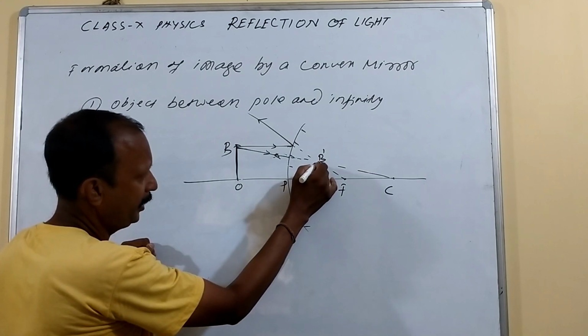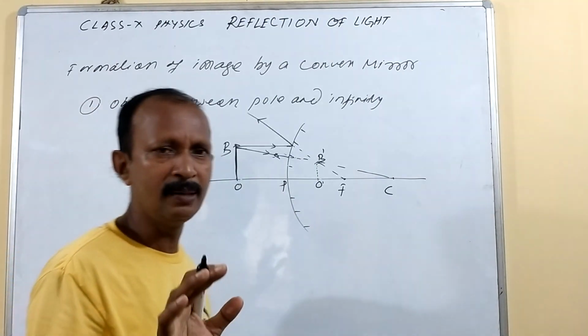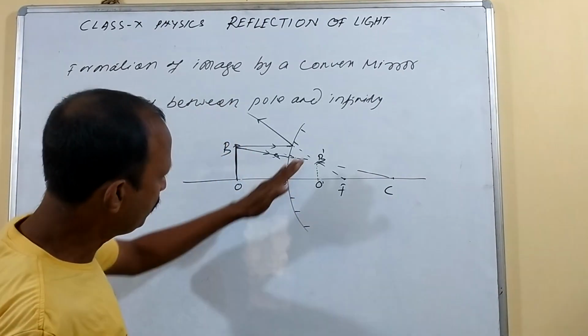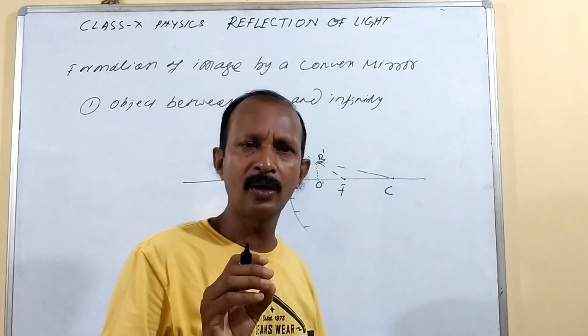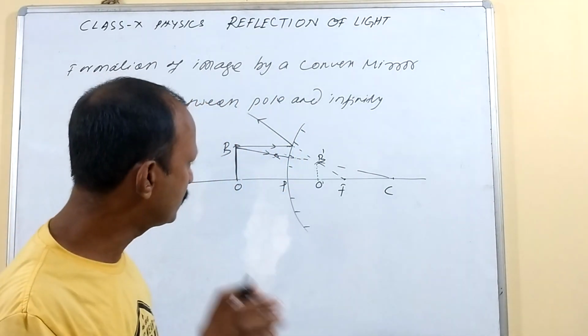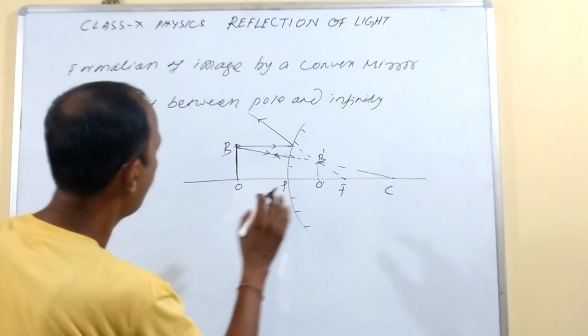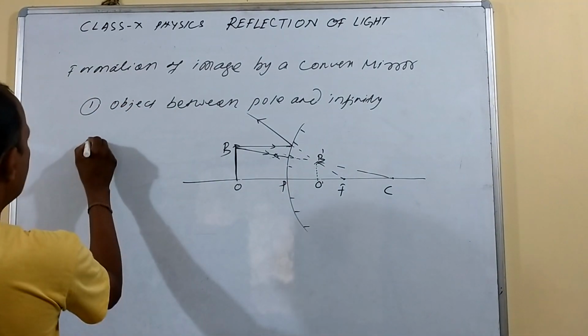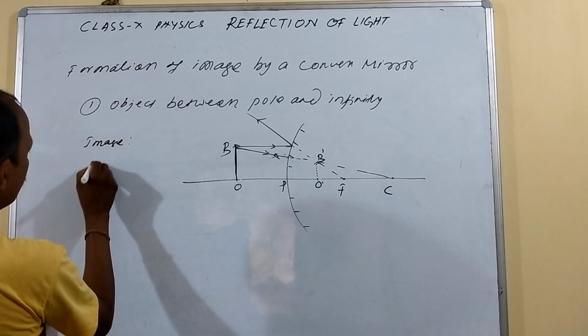So I got B dash, and I have drawn the perpendicular. O dash B dash is the image. Now I have used dotted lines because in fact the light rays are not really meeting. It seems they are meeting. So the image is virtual. So what type of image?